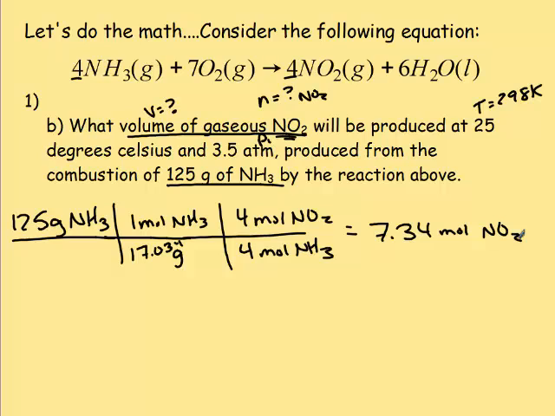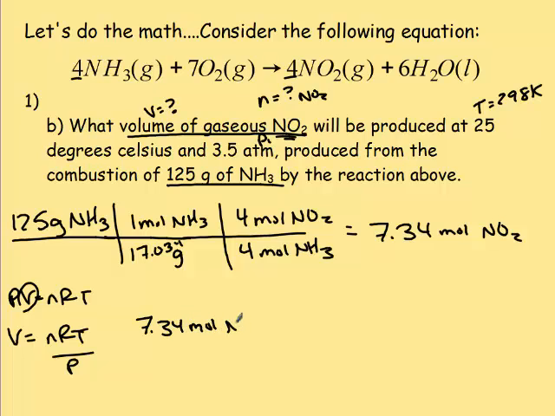Now that I have moles, I can use PIVNERT to solve for volume. I have moles, I have temperature, and I have pressure. And again, because I want to find volume of NO2, my moles had to be of NO2.